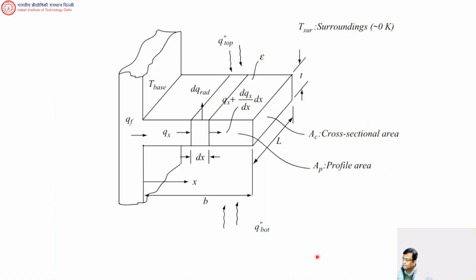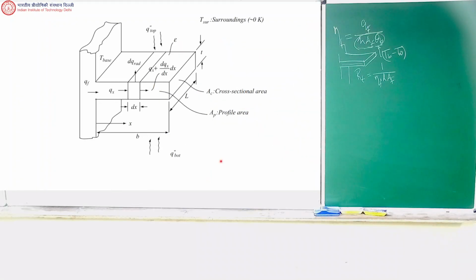Then Q double prime top and Q double prime bottom, right? And dQ radiation is also there. And the interesting thing is surroundings are at 0 Kelvin.